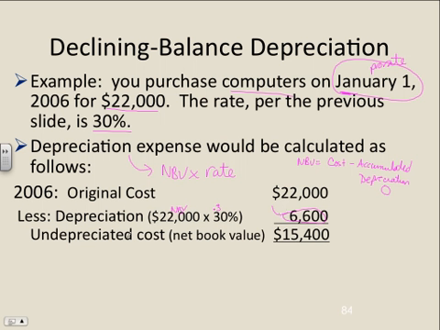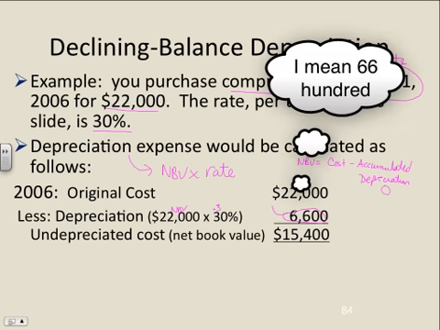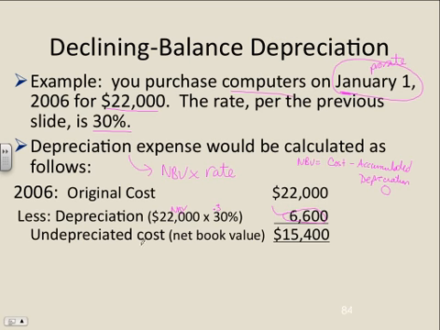And on our balance sheet, we would have $22,000 as the cost of this computer minus accumulated depreciation of $6,600 because it's our first year, to give us an undepreciated cost, which is the same as saying net book value, of $15,400.